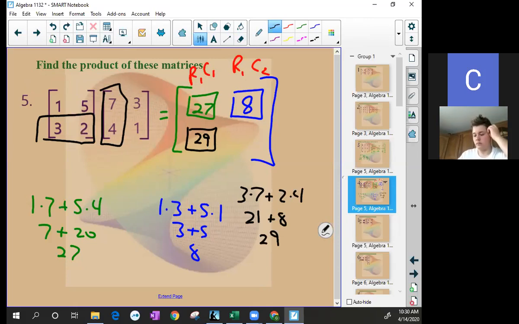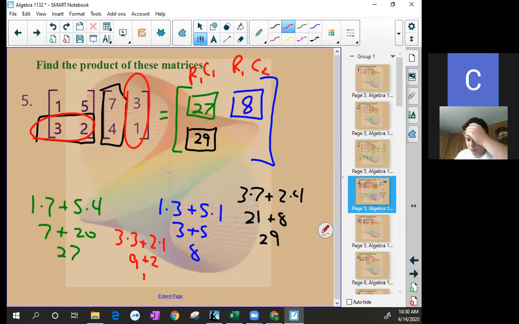And then lastly, I'm going to take row 2 times column 2, and that's 3 times 3 plus 2 times 1. 9 plus 2 makes 11. So that goes in that spot.